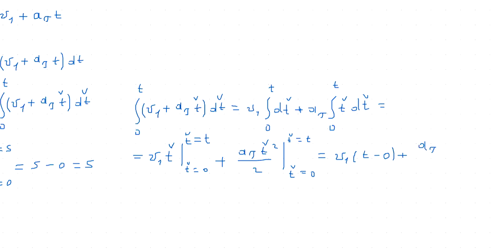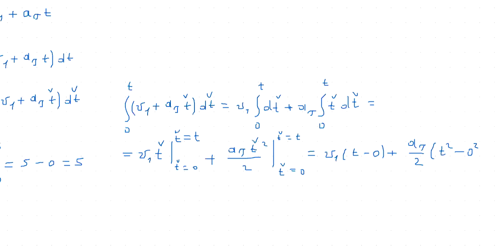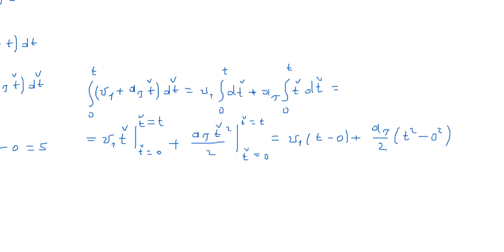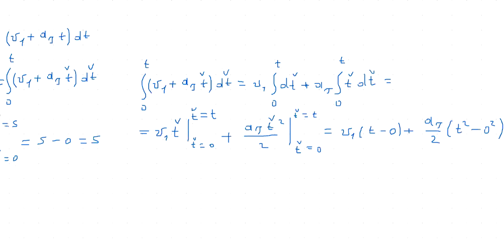It will be in this way: t to the power of 2 minus 0 to the power of 2, and this is equal to v1 t plus a tau t to the power of 2 divided by 2.